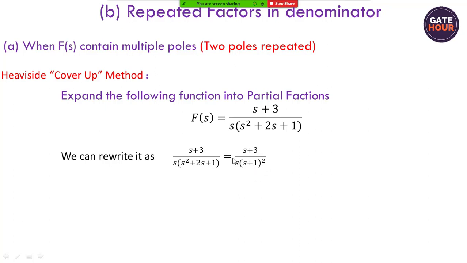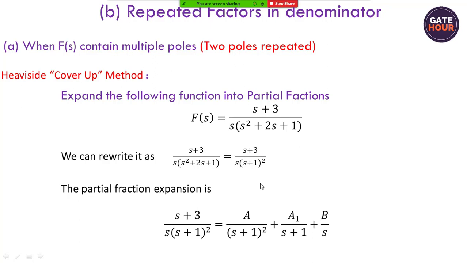Now we know how to do the partial fraction: a by s plus 1 the whole square plus a1 by s plus 1 plus b by s. Finding b and a is similar to the method we discussed previously, and finding a1 is the only different thing here.